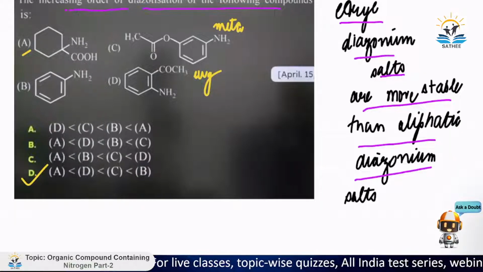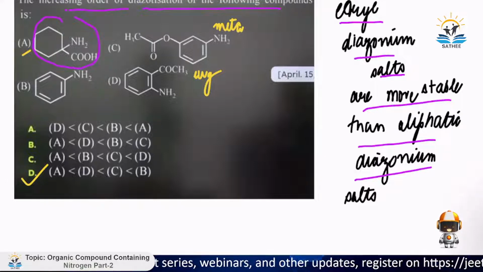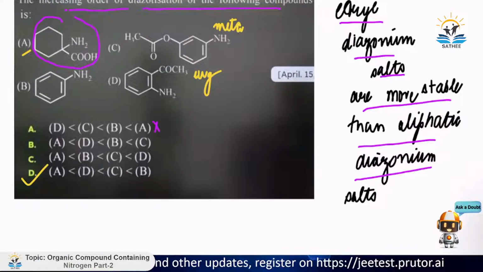So aryl diazonium salts here will be more stable than aliphatic diazonium salts. Okay, so A will be the least, since in A an aliphatic diazonium salt will be formed. So A will be the least. So option A cannot be the answer.